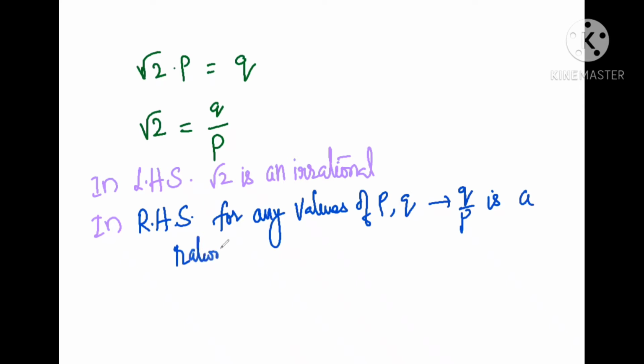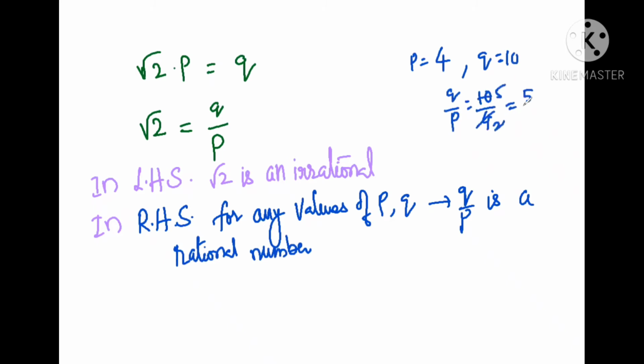We can verify by taking some examples also. If we take p is equal to 4, q is equal to 10, like that. q by p is equal to 10 by 4, 2 2s, 2 5s, 5 by 2 is also a rational number.